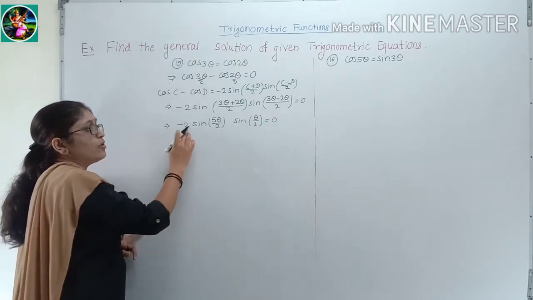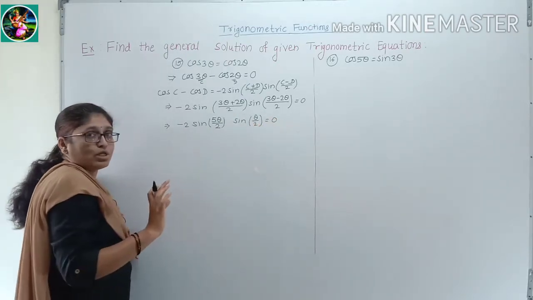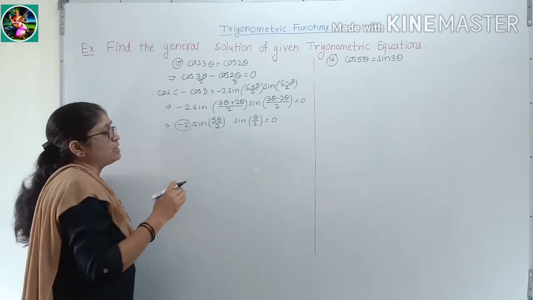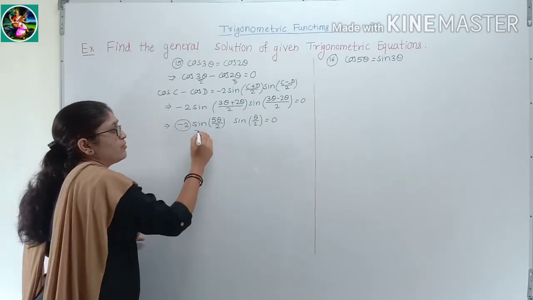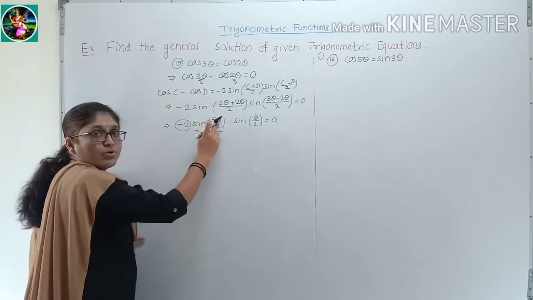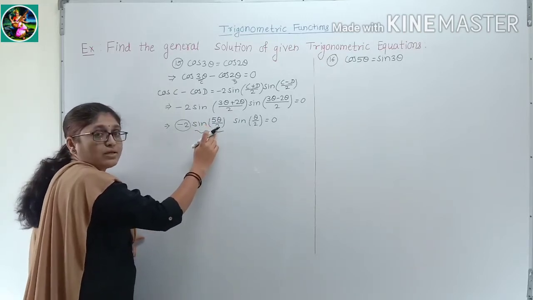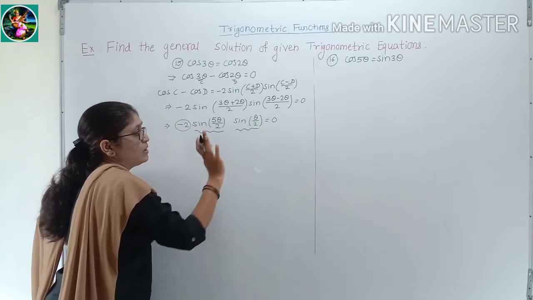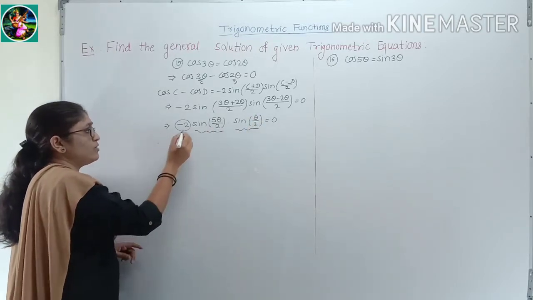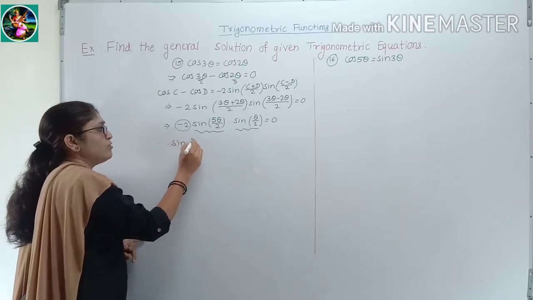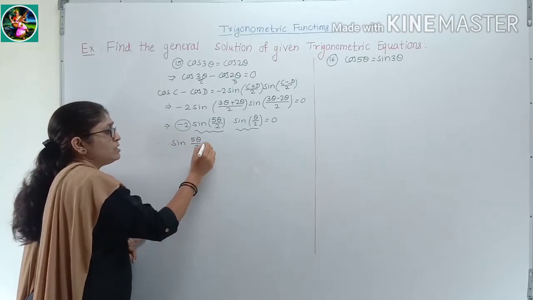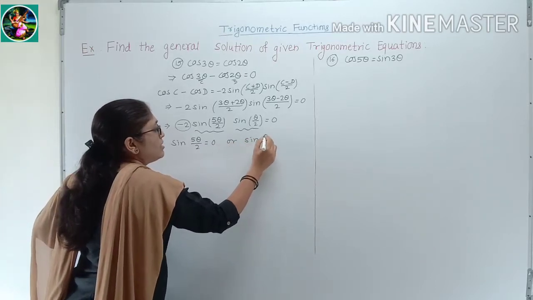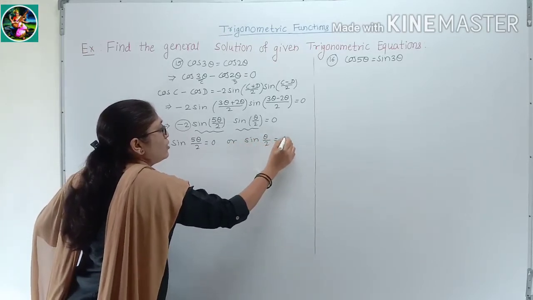We have the product of these terms is equal to 0, in which that minus 2 is a scalar multiple which cannot be 0. Therefore, either sine of 5 theta divided by 2 is equal to 0 or sine of theta upon 2 is equal to 0. Therefore, here we write sine of 5 theta divided by 2 is equal to 0 or sine of theta divided by 2 is equal to 0.